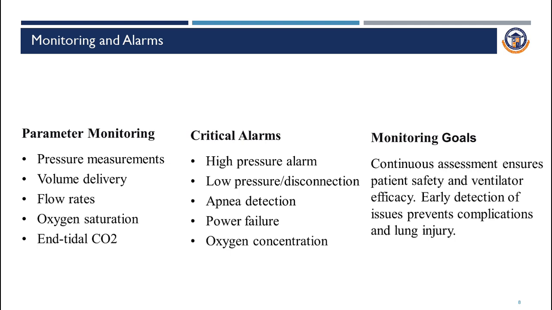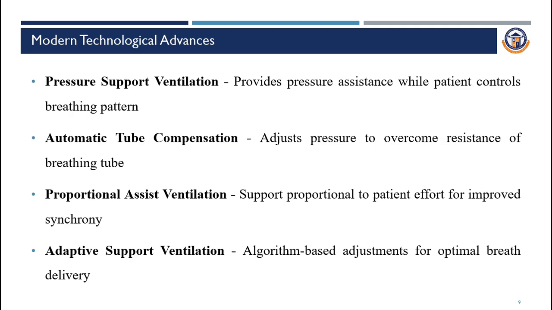Intelligent override functions can automatically adjust ventilation parameters or switch modes when dangerous conditions are detected, which provides an additional layer of protection. The modern technologies involved in these ventilators have become increasingly compact and portable while maintaining advanced functionality.